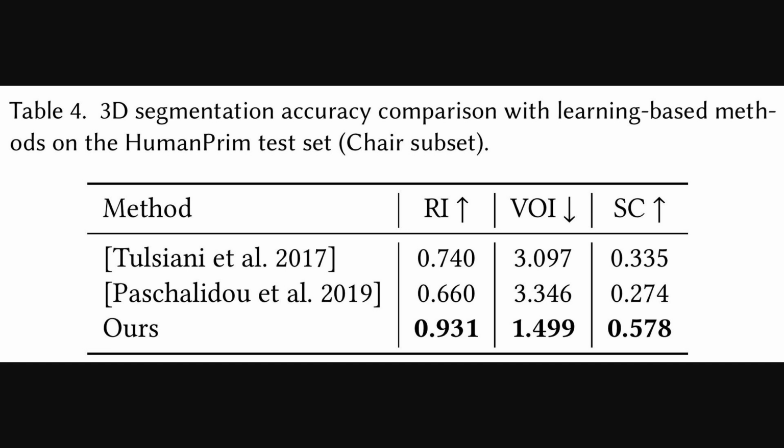We see metrics like the RAND index, or RI, which gauges how well the AI's component grouping matches human ones, with higher scores being better. Then there is variation of information, or VOI, where lower values mean closer agreement, and also segmentation covering, or SC, another measure where higher is better. PrimitiveAnything, shown as ours, consistently shows superior performance.